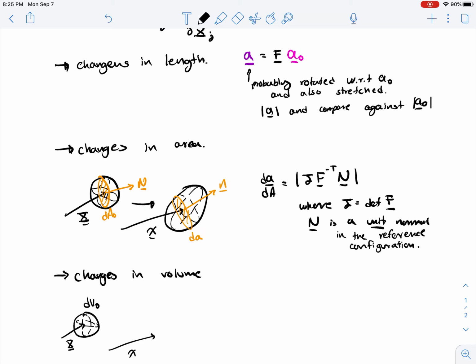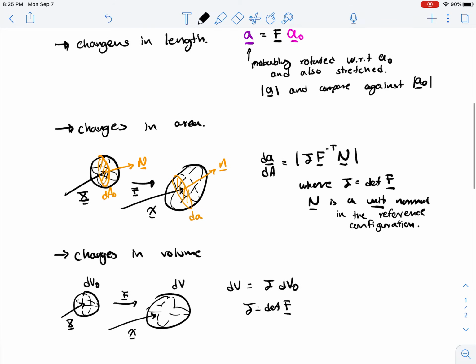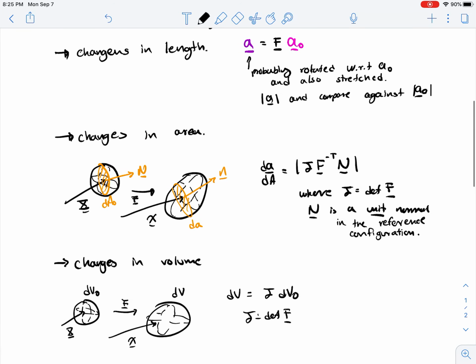So this sphere here has certain volume dV naught, and then that gets mapped, I should put here, by F. There's the F map, and then we have the ellipsoid, right? And that one has volume dV, and dV equals J dV naught, where J is the determinant of F.